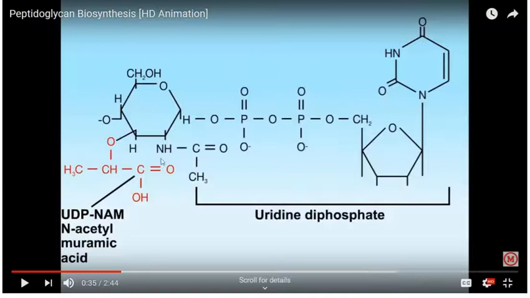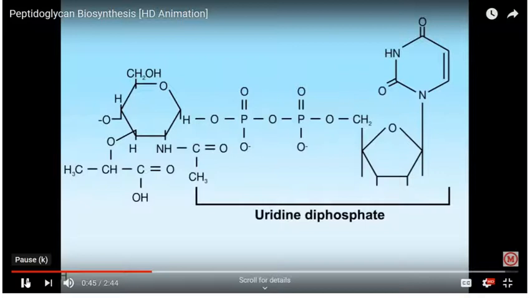So this is 3 carbons, lactic acid, and you've got a carboxylate group on N-acetylmuramic acid. This carboxylate group is available to make a peptide bond with the amino acids on the pentapeptide. So that's going to be the first step.